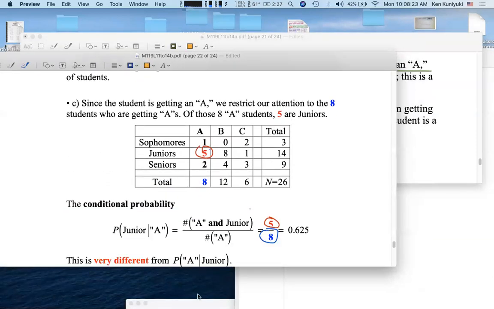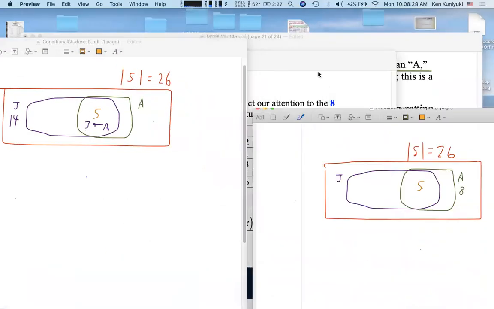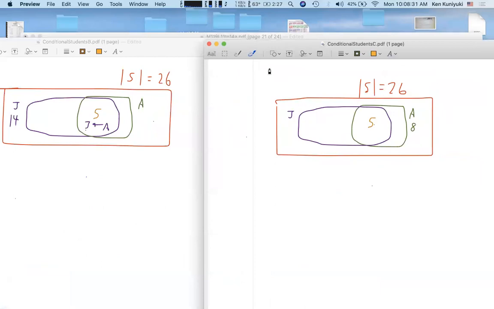Now, let's look at the Venn diagram for C. Now, for C, we restricted ourselves to the world of 8 A students. So we're aiming our dart at this green region over here. The probability that we hit this brown-orange region in here, this overlap region, is 5 over 8.